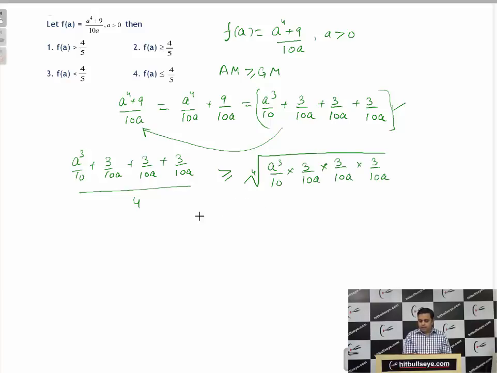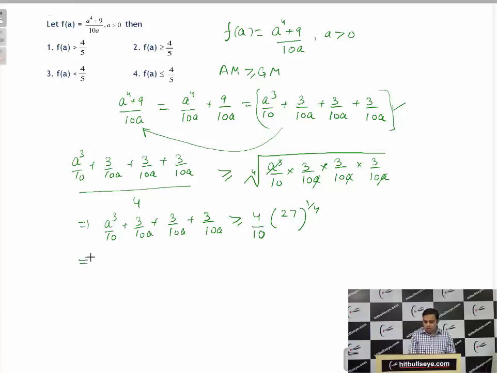And we can see that this will be greater than or equal to 4 times, now this a cube will cancel out, what is left is 3 into 3 into 3, that is 27 raised to power 1 by 4, and this 10 into 10 into 10 into 10 raised to power 1 by 4 is nothing but again 10.